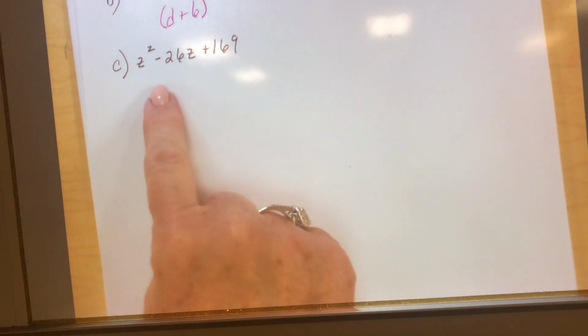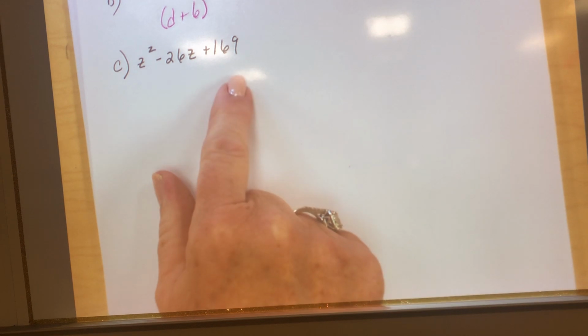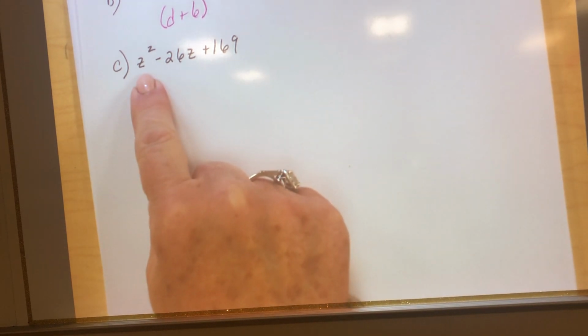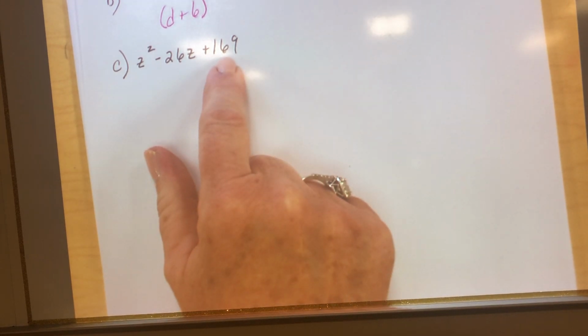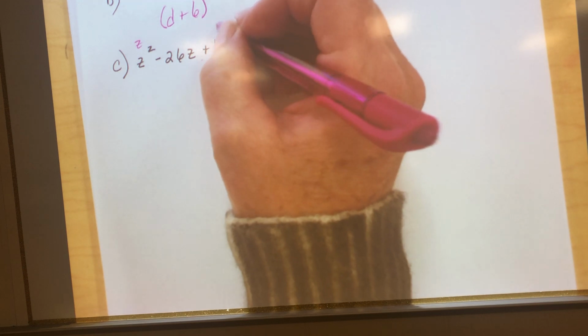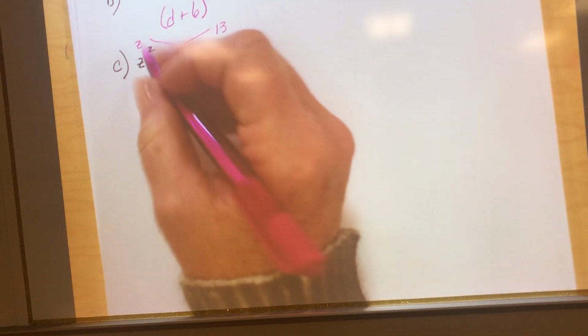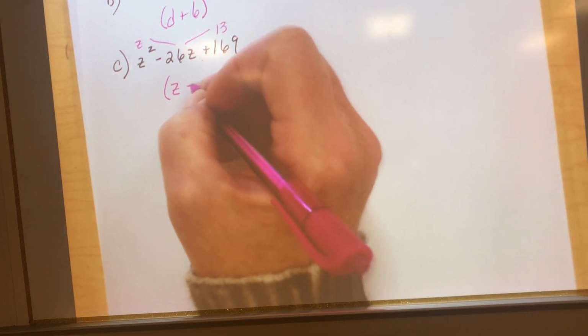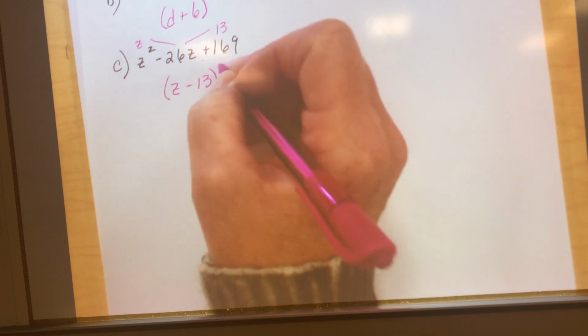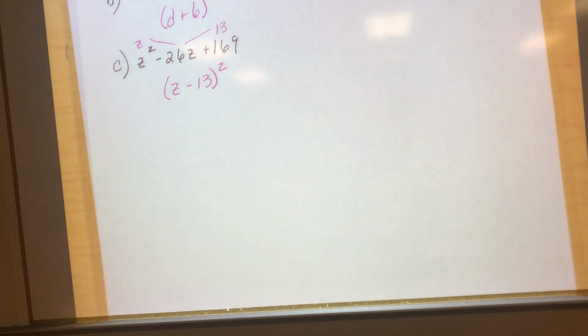Yes. So, can you take anything out? No. Is it special? Yes. That's obviously a perfect square. What is this a perfect square of? 13. Very good. So this is the square of z, and this is plus the square, his square root is 13. Is this twice their product? Yes. So it factors into square root of the first, keep the sign, square root of the last, quantity squared. Are you with me?